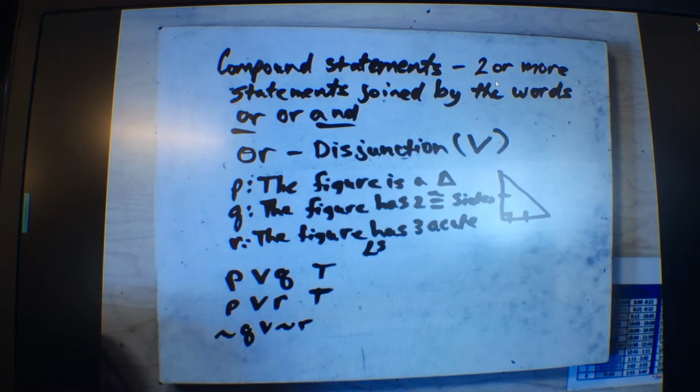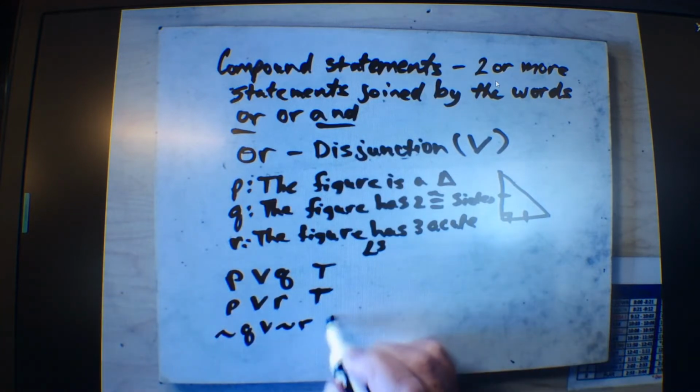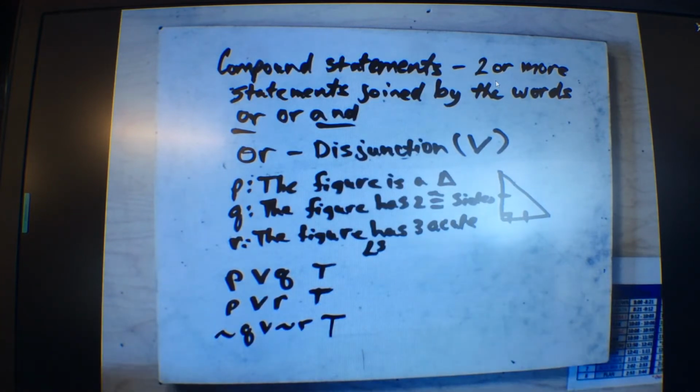Or... is either one of those true? Yes. The second one is true, right? So that one is true, isn't it? So the only way to get a disjunction false is what? Neither of them are true.